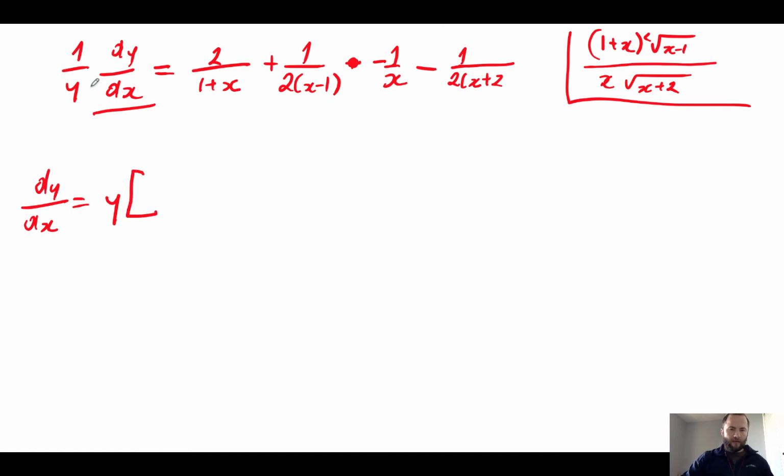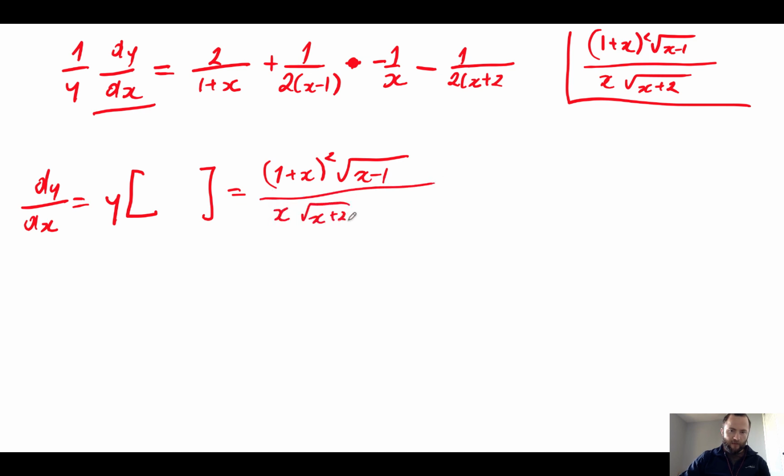Because note that over here I have 1 over the function multiplied by dy dx. dy dx is the derivative I'm interested in. So to solve for dy dx, I multiplied the right hand side of my expression just by the function. So y multiplied by all this, and if I substitute, that's going to turn into (1 plus x) squared square root of x minus 1 divided by x square root of x plus 2.